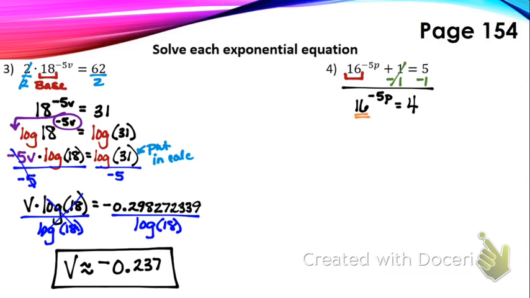Do you guys see this base of 16 and this 4 right here? 4 to what power gives me 16? Yeah, 4 squared equals 16, right? So I'm actually going to replace this 16 with a 4 squared here.